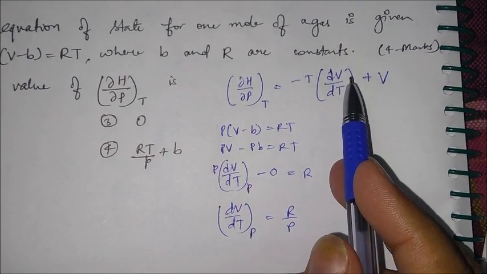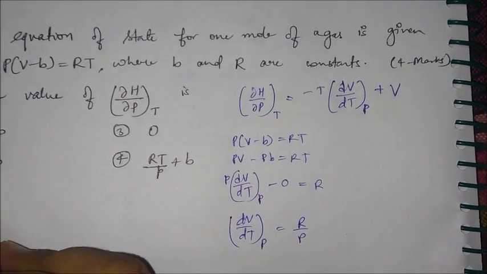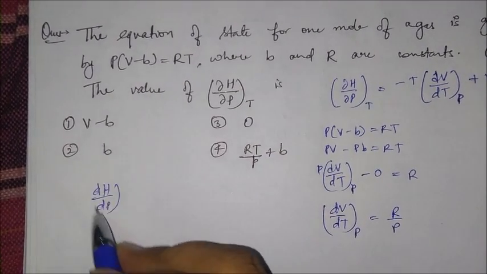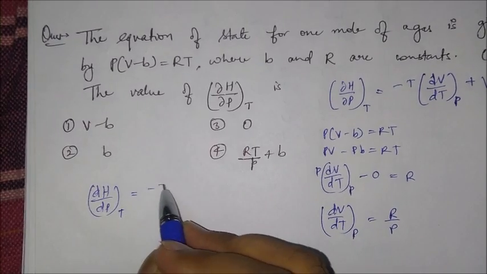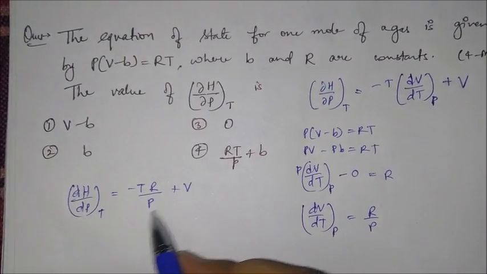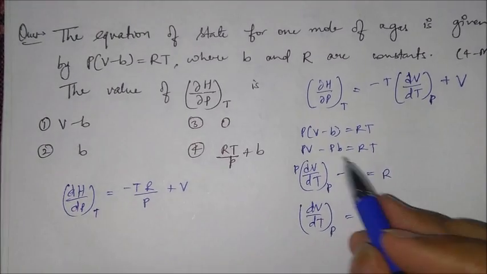Now we have to put it in place of this, so I'm writing it here. dH by dP at constant T is equal to minus T R by P plus V. Now let's put the value of P from here.